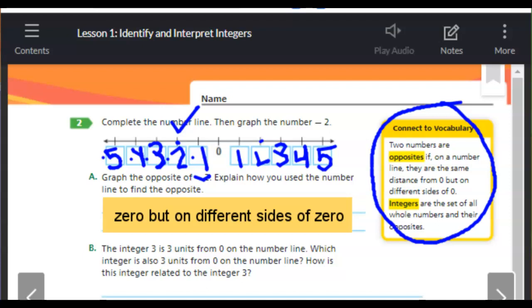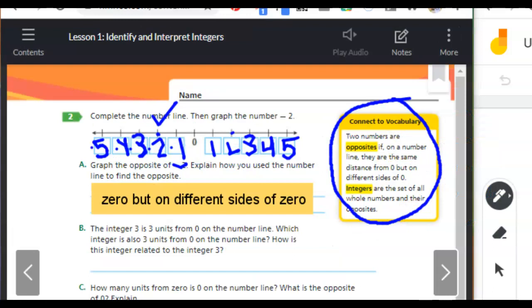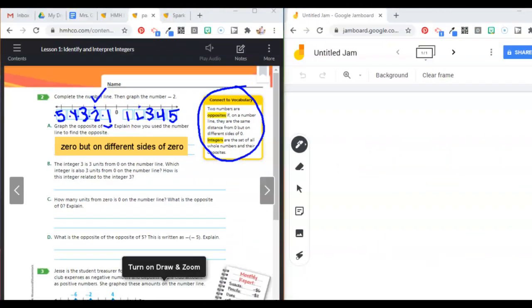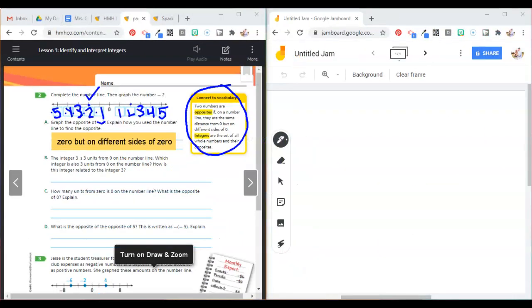Let's go down and look at B. On B, it says the integer 3 is 3 units from 0 on the number line. Which integer is also 3 units from 0 on the number line? So I look at 3, and so I'm 1, 2, 3 spots. Now I'm going to look over here, 1, 2, 3.